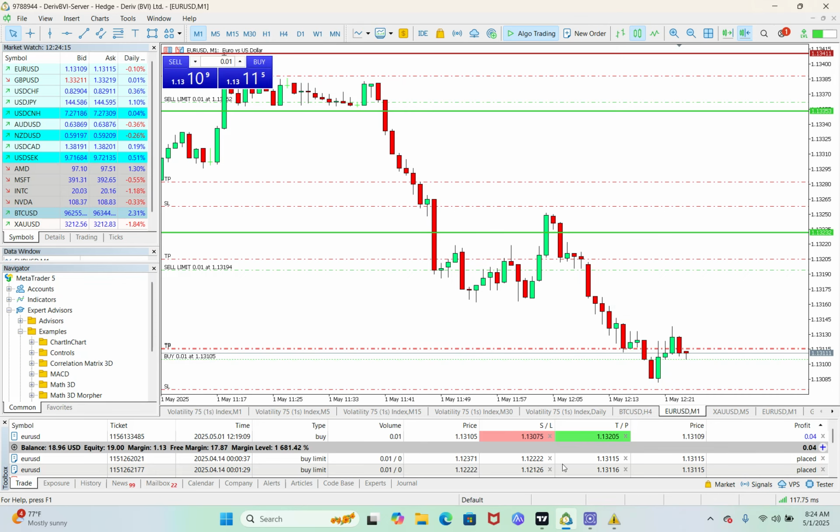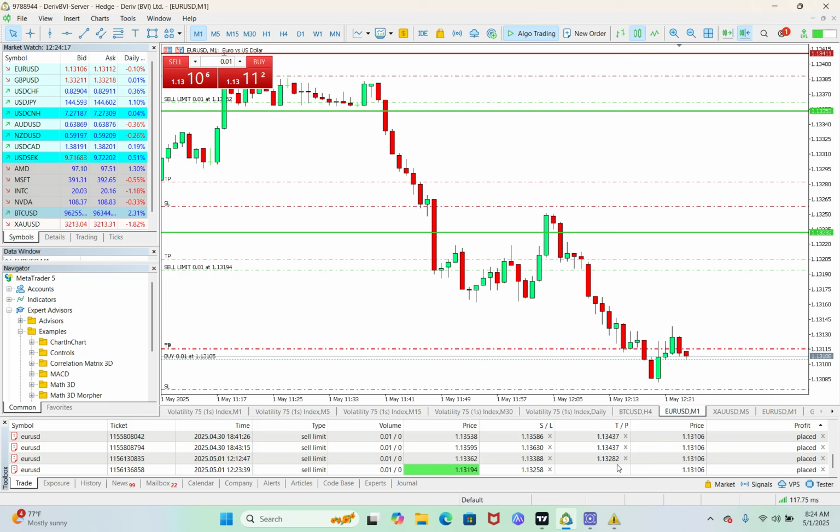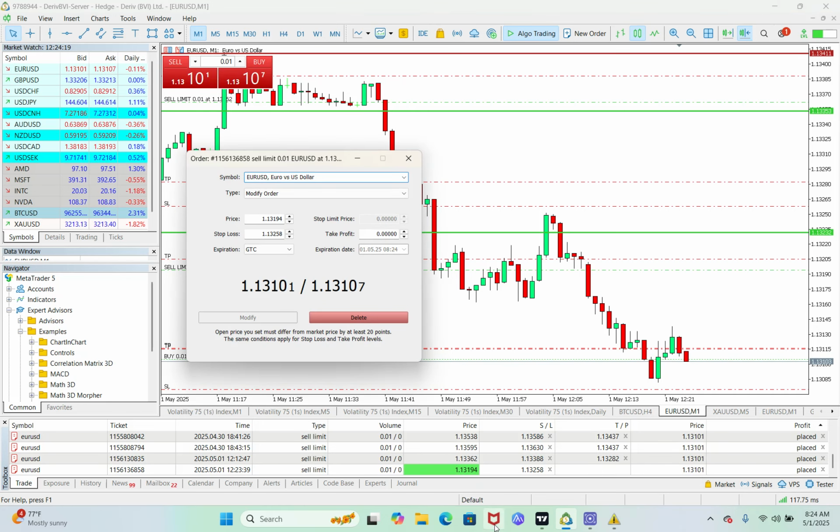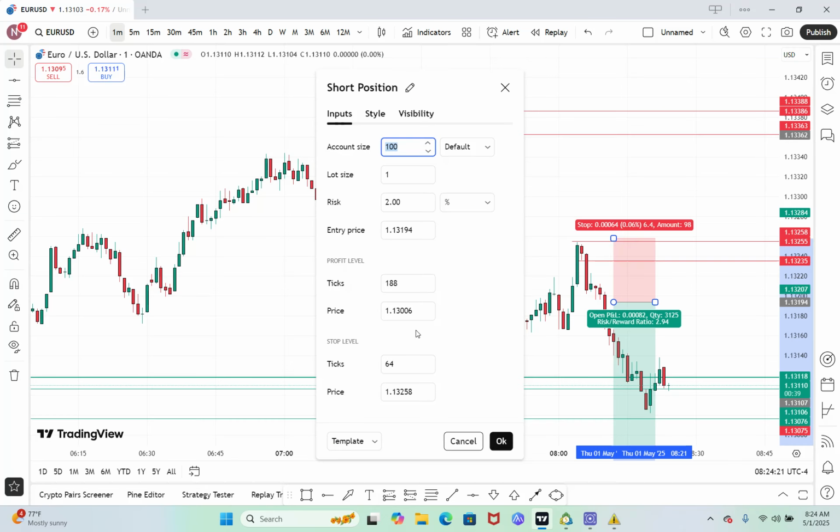Okay, so let's set the TP. Go back to TradingView, look at the coordinates. So when persons are sending signals, I guess they use TradingView to get the coordinates and then send them out. Profit, I should be able to copy paste.